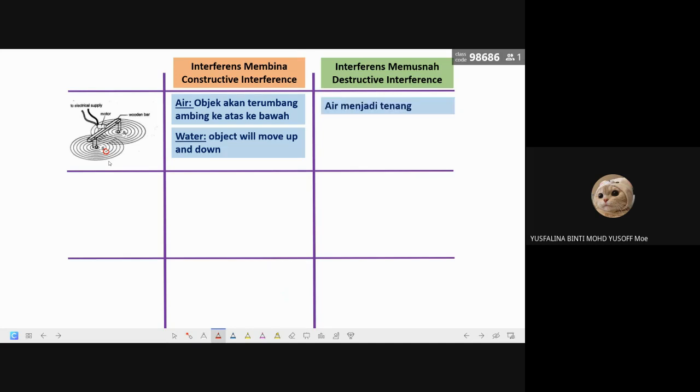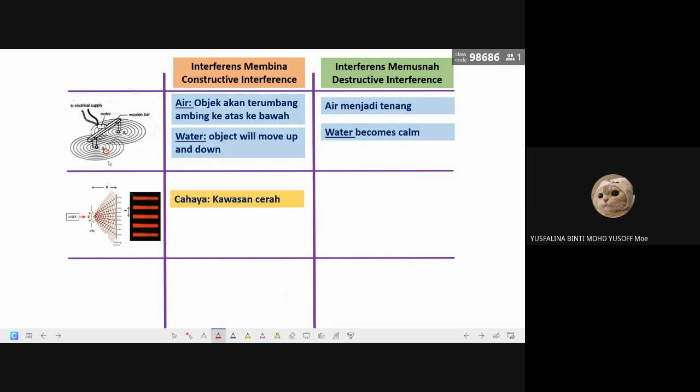But if I put the ball at the part where the destructive interference occurs, the water is calm. So the object will not move up and down. It will be static like that. Okay, this is for the water.